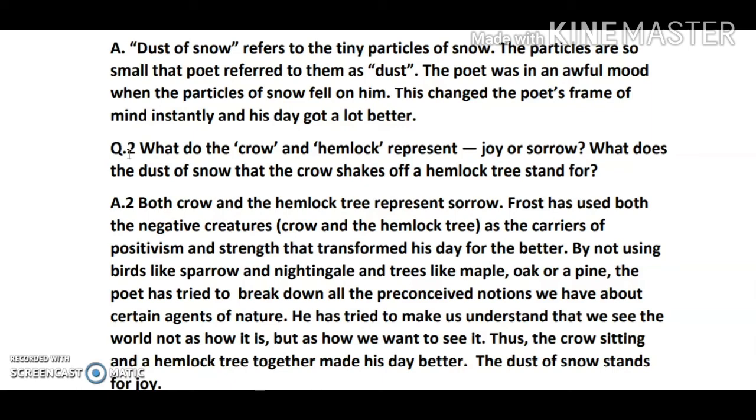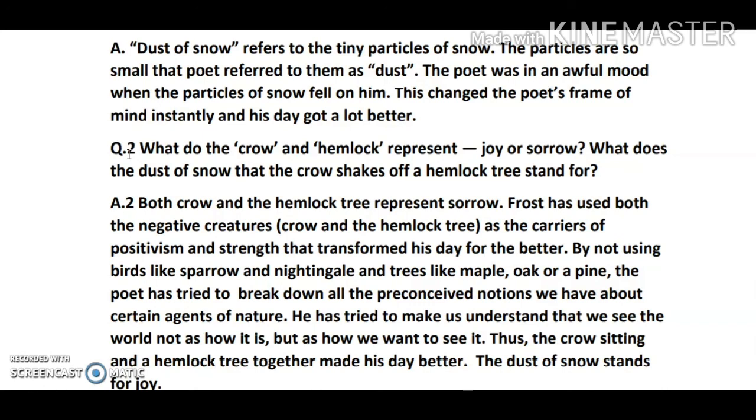Frost has used both the negative creatures as the carriers of positivism and strength that transformed his day for the better. By not choosing birds like sparrow and nightingale and trees like maple, oak or pine, the poet has tried to break down all the preconceived notions we have about certain agents of nature.